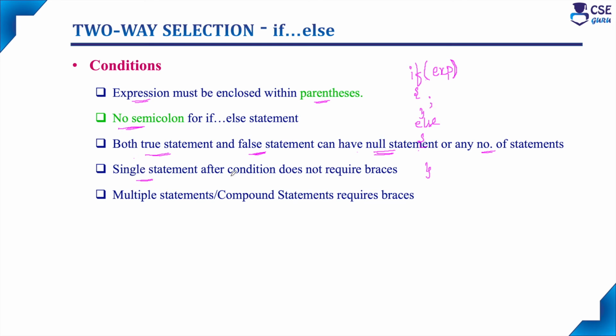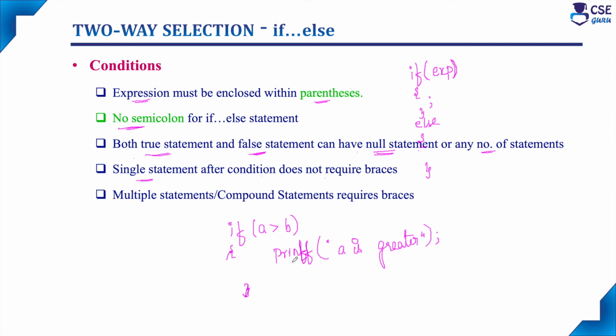A single statement after the condition does not require braces. That is, if A greater than B, then printf A is greater. If this condition is true, we are going to execute only one statement, so in that case the curly brace is not required.